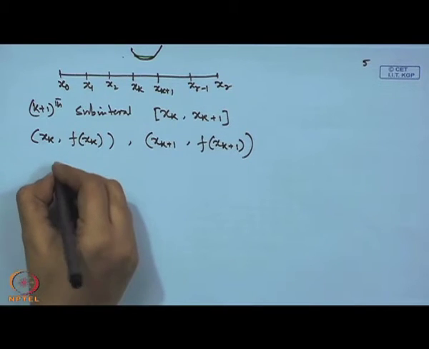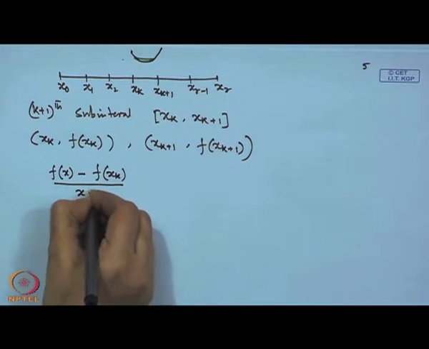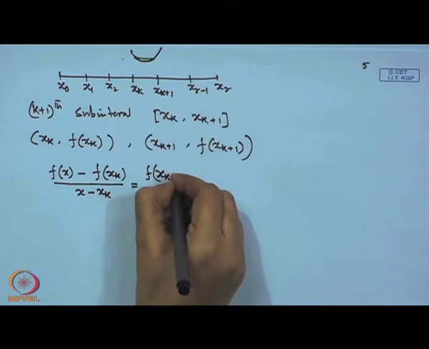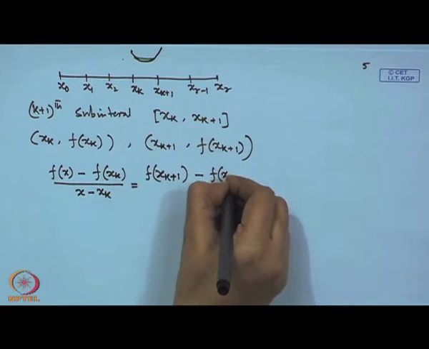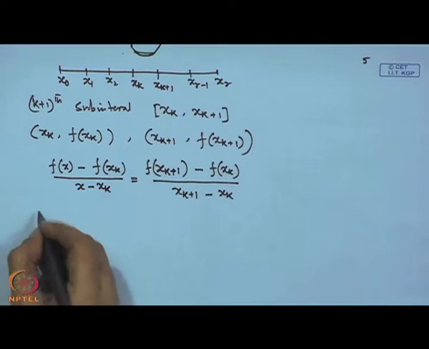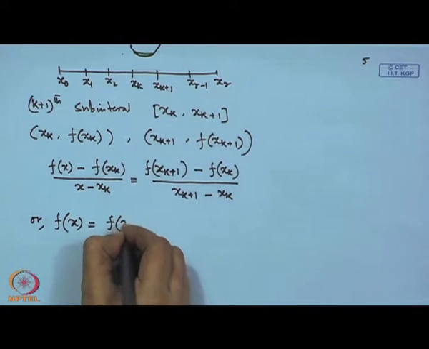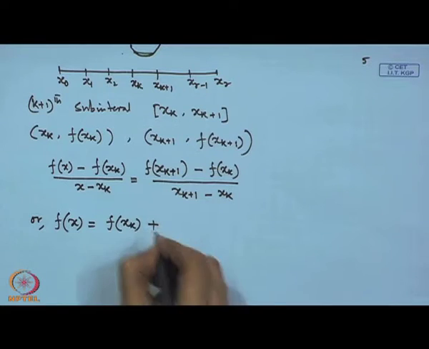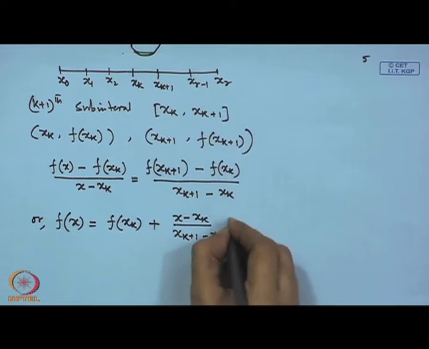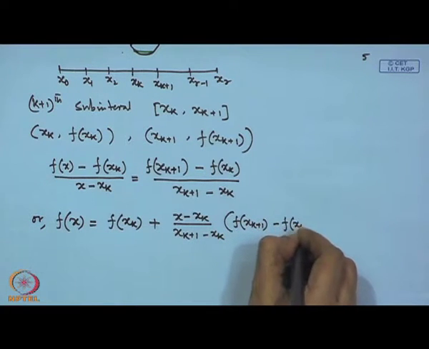What would be the equation of the line? In other way, we can write it as f x is equal to f xk plus x minus xk divided by xk plus 1 minus xk times f xk plus 1 minus f xk.